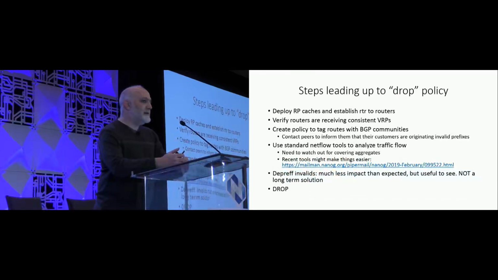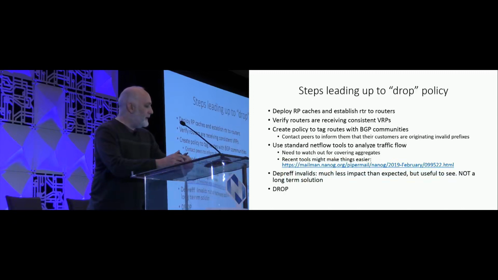Even though the more specific might be invalid, you're not going to lose connectivity to that when we drop those invalids. The trick is to do the analysis in such a way that it's only impacting the prefixes that you actually are going to completely lose visibility to.